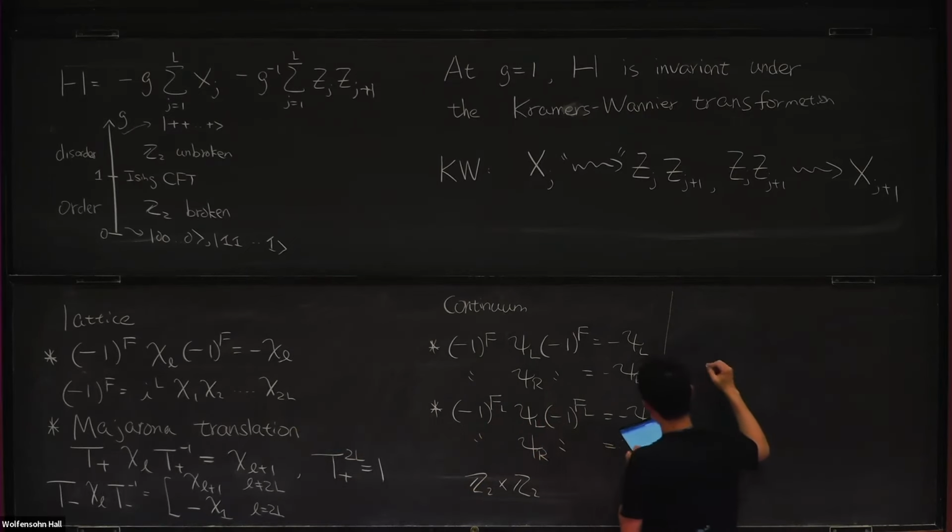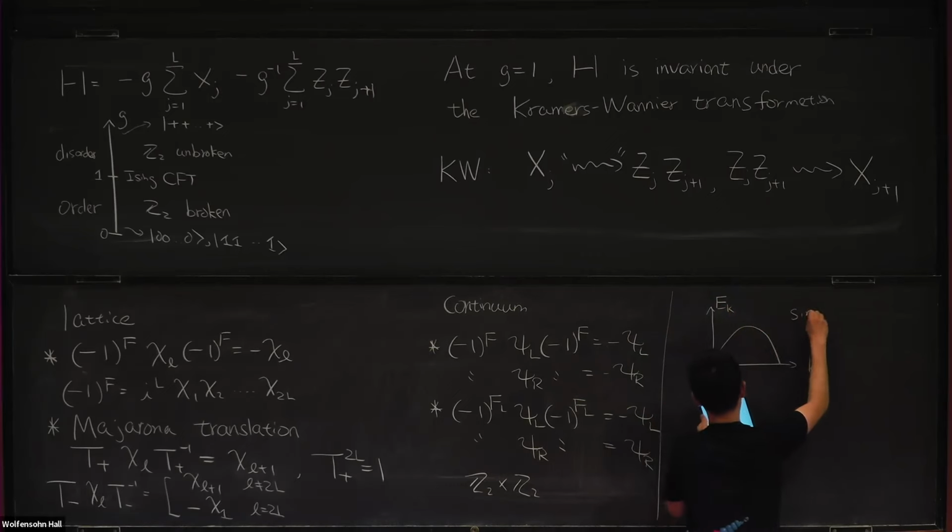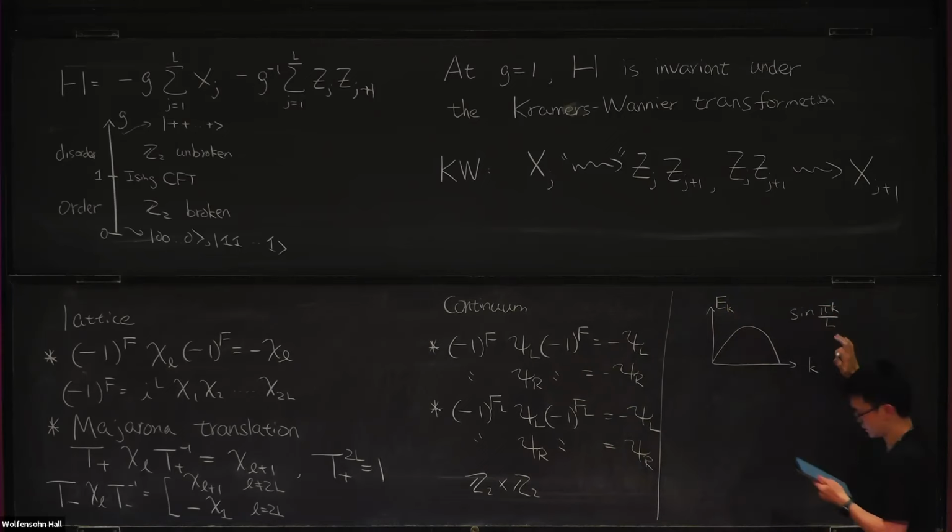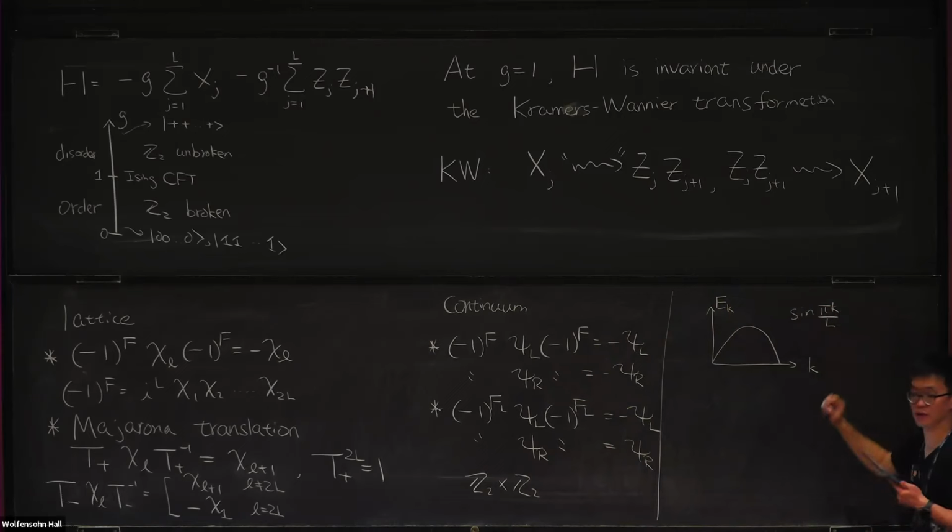The way to see that is just to solve the spectrum explicitly. When you solve the spectrum, it roughly looks like this. This is just a quadratic fermion system, and the function is just sin(pi k / L), where k is an integer for the periodic problem and k is a half integer for the anti-periodic problem.